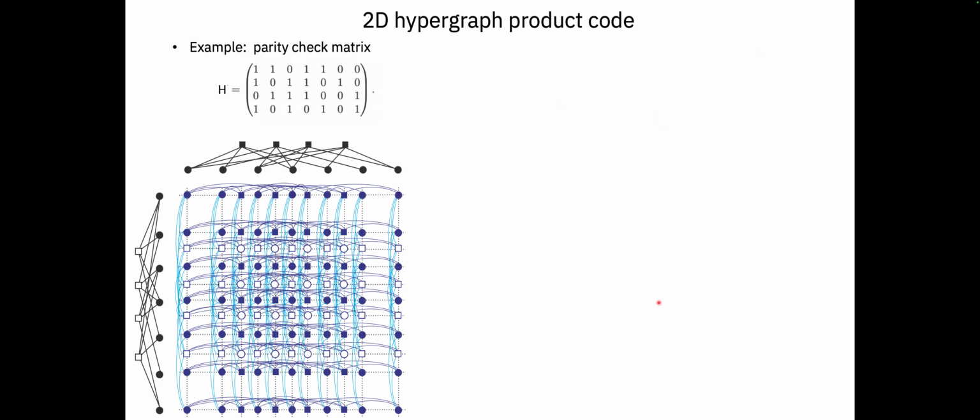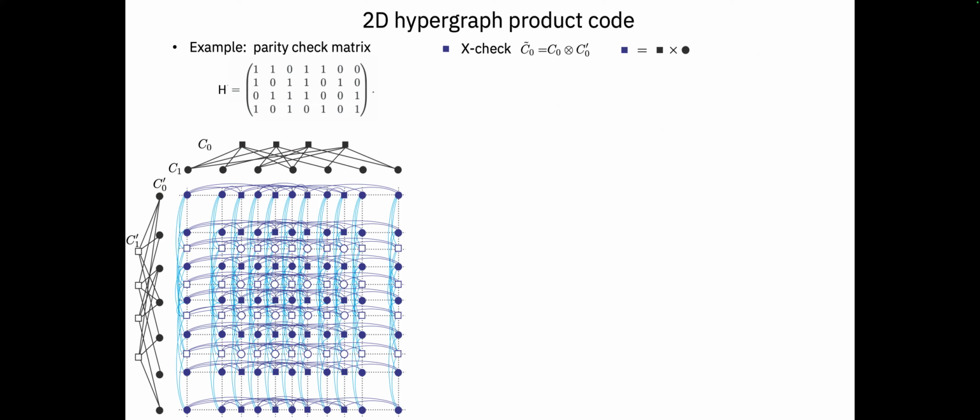So let's show a simple example with this particular parity check matrix. If you have a classical code with this parity check matrix, the Tanner graph looks like this. So the circle and the square are the bit and the check correspondingly. Now when you take the product, you basically can combine the check in one code and the bit in the other code.